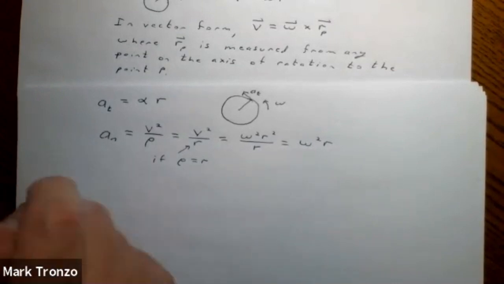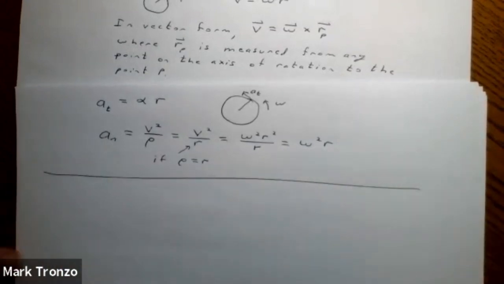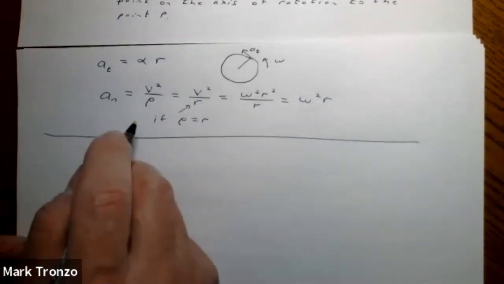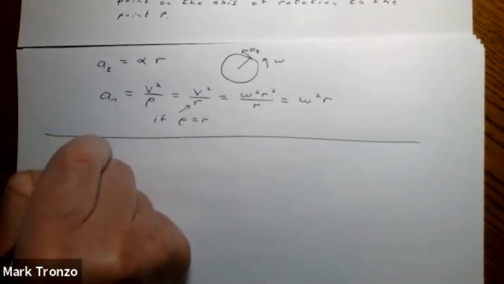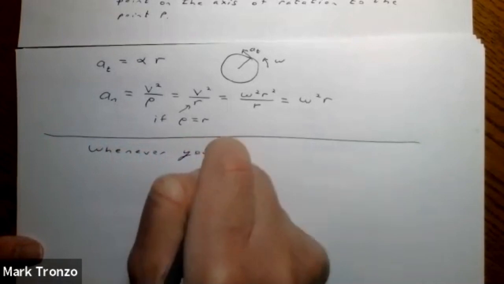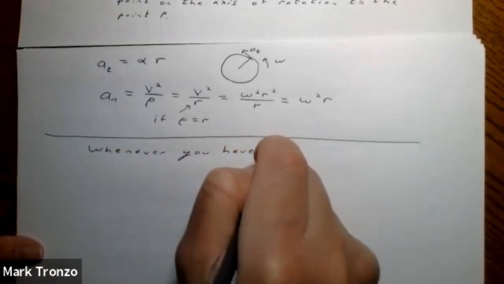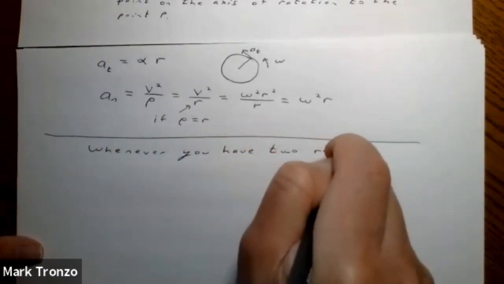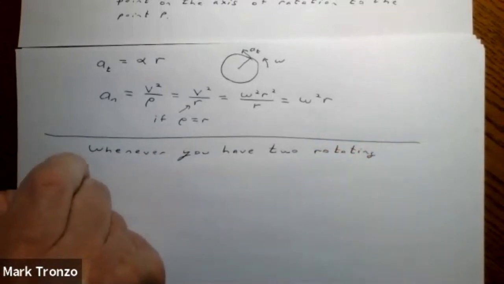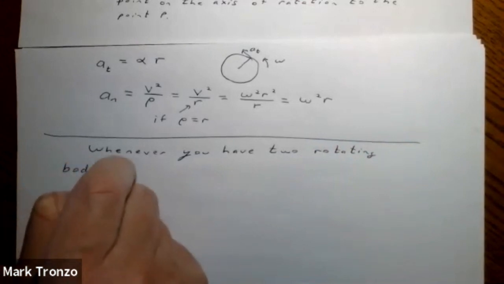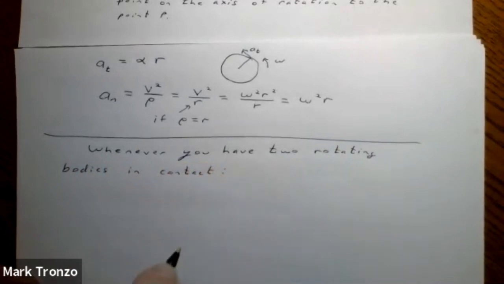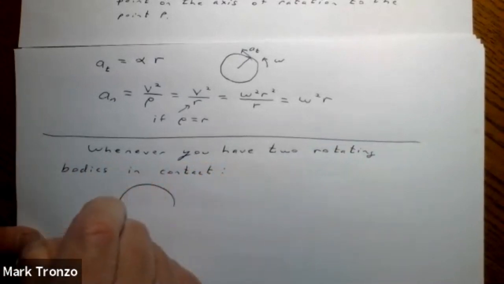And now let's consider two things that are meshed together, maybe two gears or something, where one is turning the other. Whenever you have two rotating bodies in contact, let's say you have a picture like this.